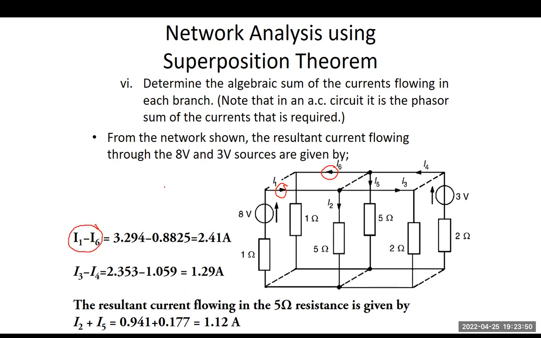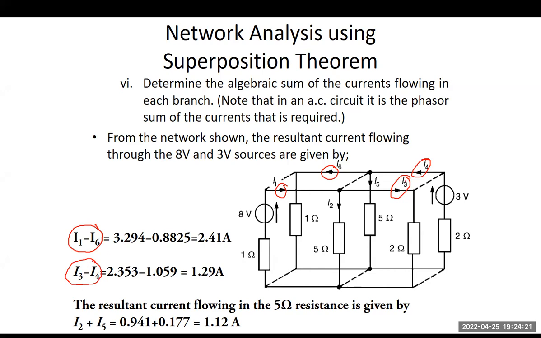Similarly, in this circuit, you will see that I3 and I4 have a different current flow, so they are opposite. So we could say that that is I3 minus I4.